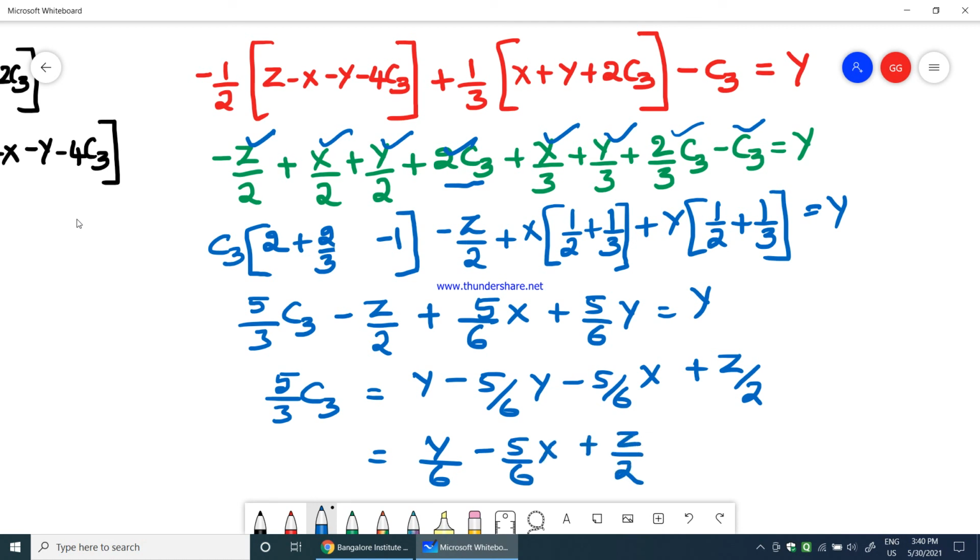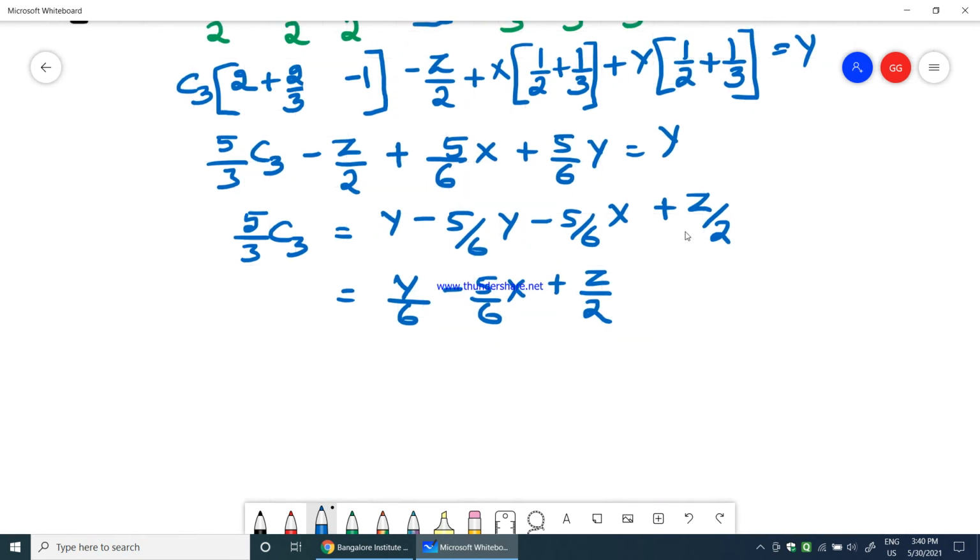Now I'll take LCM here. What will I get? So 5 by 3 C3 equals, I'll take 6 as LCM, so it is y minus 5x plus 3z.